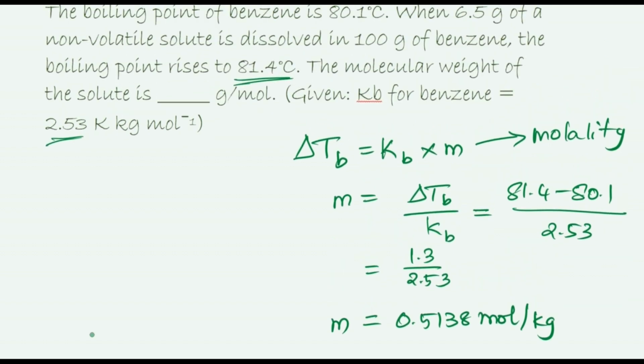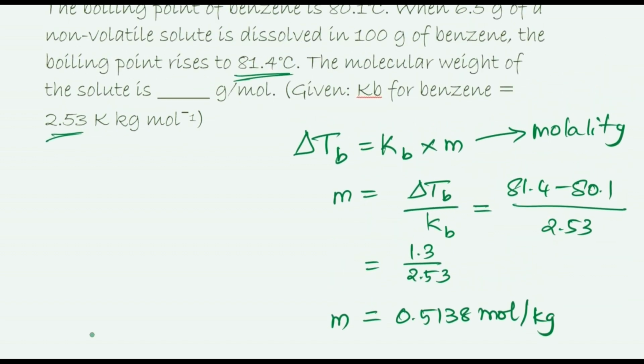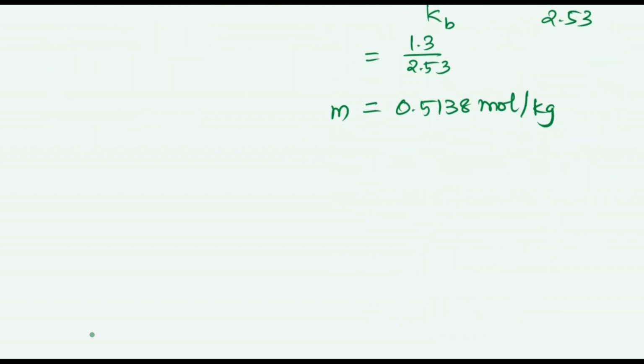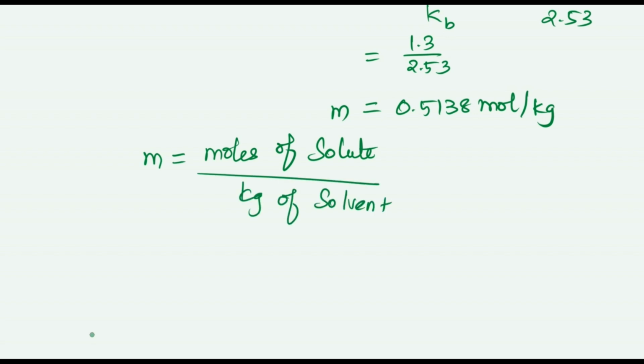What they are asking is the molecular weight of the solute. So from molality, which is moles of solute per kilogram of solvent, we want moles of solute, which is nothing but given weight by the molecular mass.